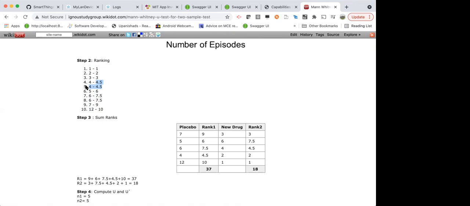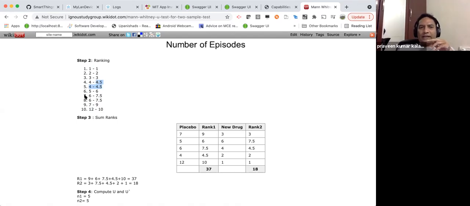Fourth and fifth rank, add and divide. Exactly, 4 plus 5 divided by 2. Here, 7 plus 8 divided by 2. So we placed all the entries in ascending order and then ranked them. That is the first step.